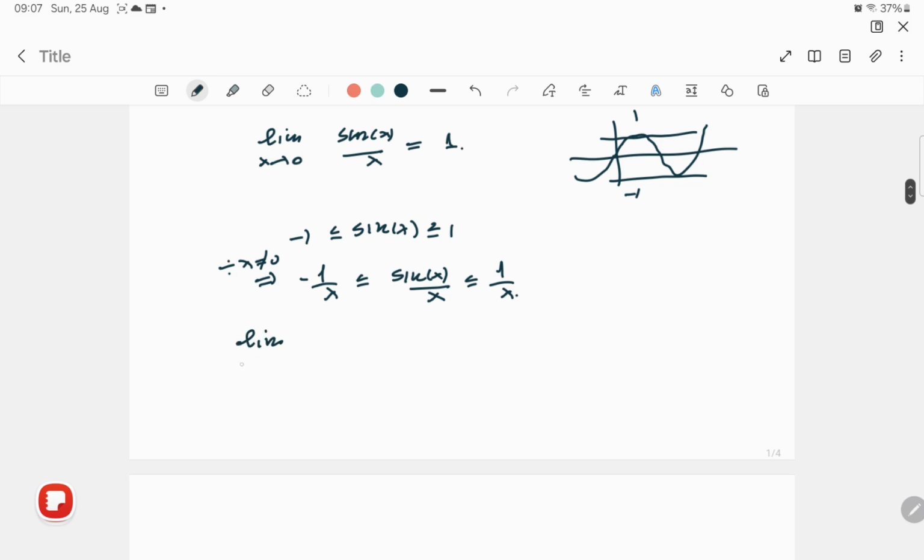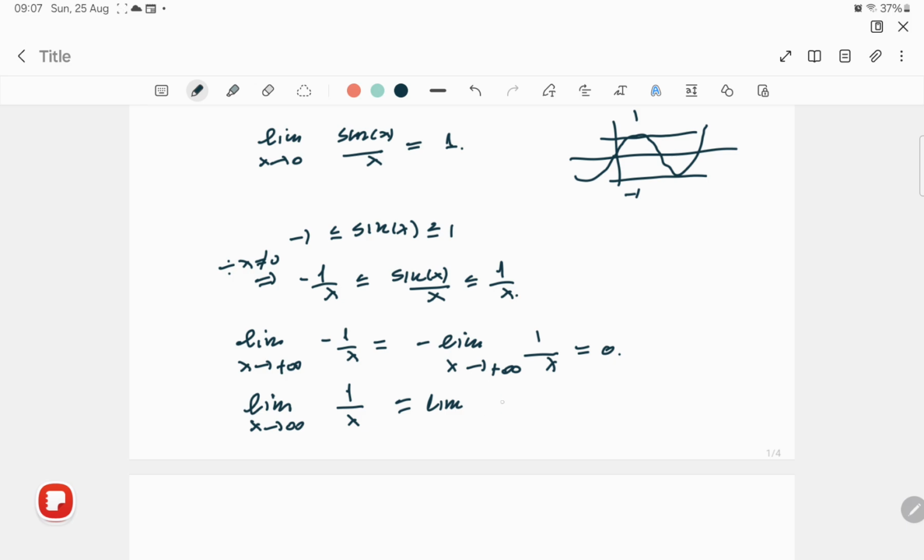I take the limit as x grows to infinity of -1 over x. So it's minus the limit as x grows to infinity of 1 over x, and this is equal to 0. The limit as x grows to infinity of the other function here, 1 over x, without the minus, this is also going to 0 as x grows to infinity.